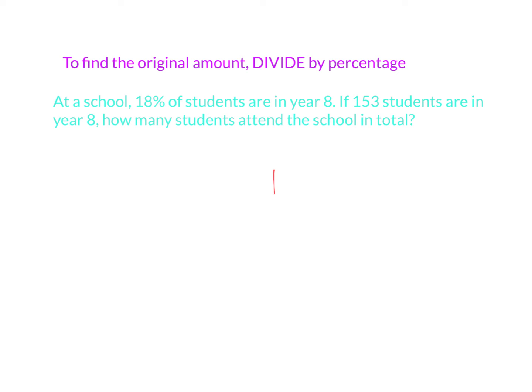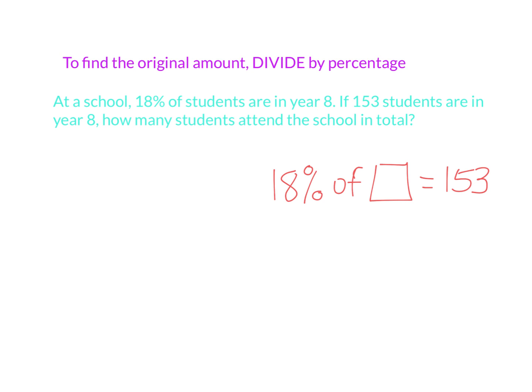Well, we're saying we took 18% of an unknown quantity, 18% of the total number of students in the school, which we don't know, that somehow equals 153. So we're finding the original amount. What number did we start with, then take 18% of it to get 153? That's what I mean by find the original amount.